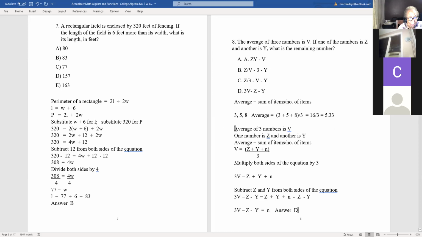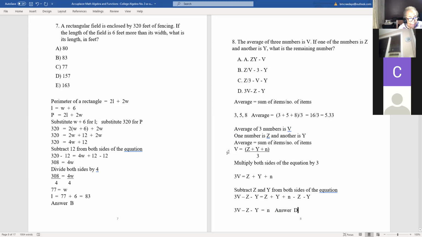Okay, let's just start here. Average of three numbers is V. They gave us that, right? One number is Z and another is Y. So the average V is going to be Z plus Y plus a number we don't know, divided by 3.